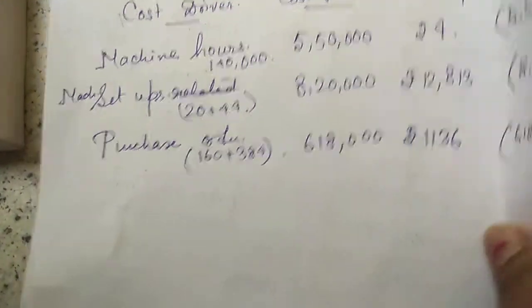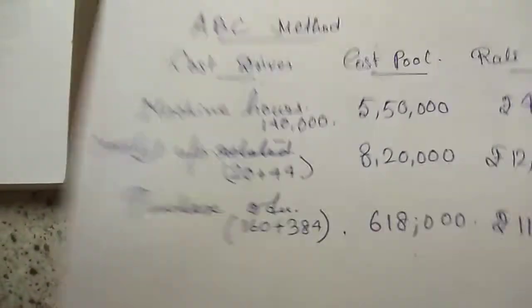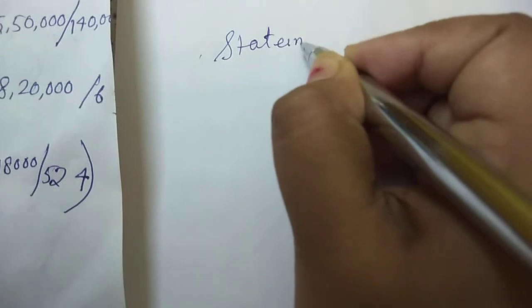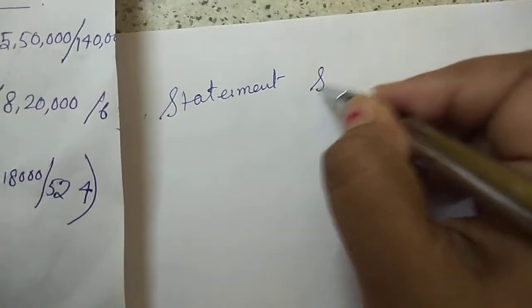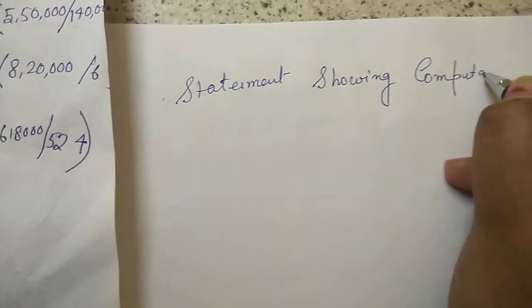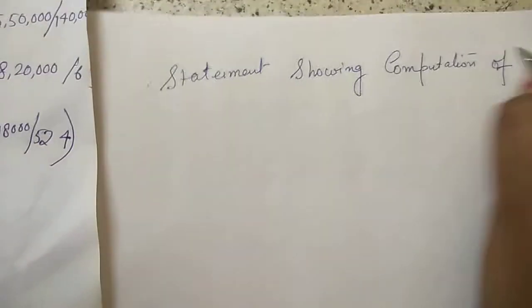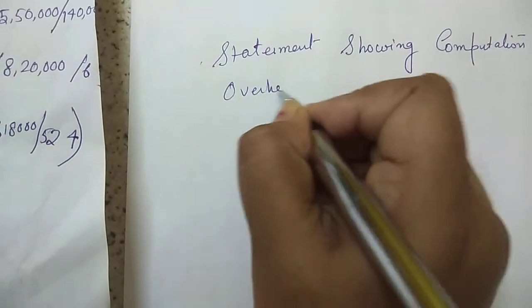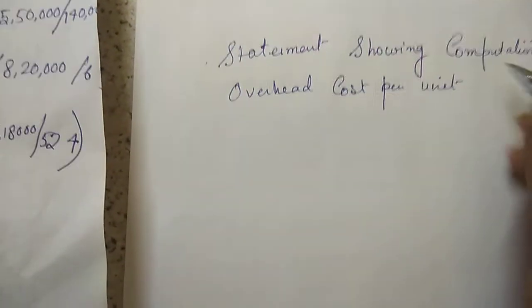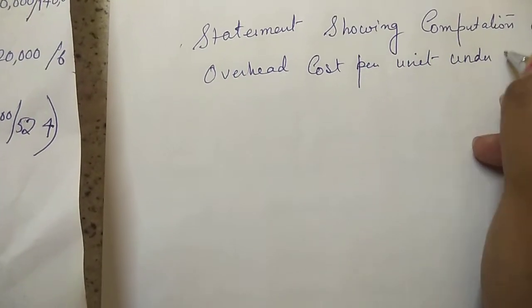Now I have to start with the statement showing computation of overhead cost per unit under ABC method.